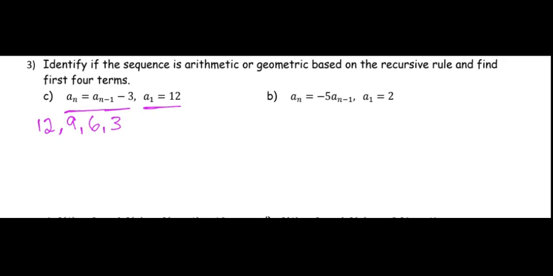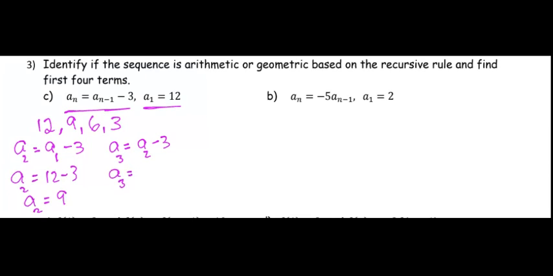Or I can find each term by following the recursive rule. The second term is going to be a sub n minus 1, which is 2 minus 1, which is 1, minus 3. That means the second term is 12 minus 3, which is 9. The third term is going to be a sub n minus 1, which is 3 minus 1, that's 2, minus 3.